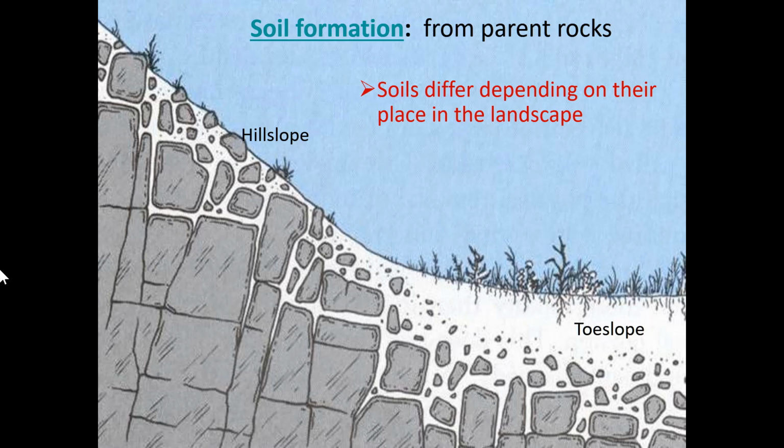So we've got plants down here on the toe slope of this hill. Most of the soil gets eroded down and gathers here, but that soil is going to be, remember, a mixture of those four components. There's going to be some broken down fundamental rock parent material, the clay, the sand, the silt, a little bit of organic material, and the water and the air.